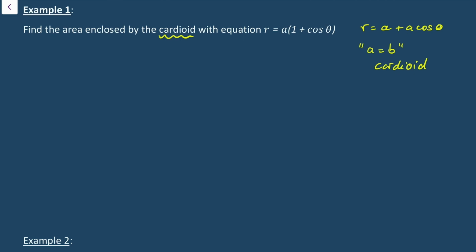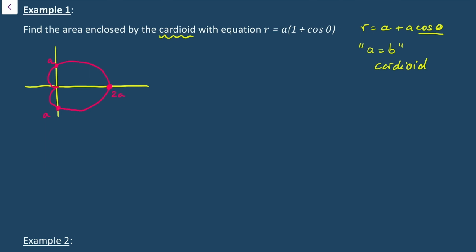It's also cos theta, so I know it's the cardioid that has symmetry about the initial line. And it's going to look like this, but if you struggle to remember in the exam, then you can just plug in some key values and work that out. Remember, that's a and that's a, and this is going to be a plus b, so in our case 2a.